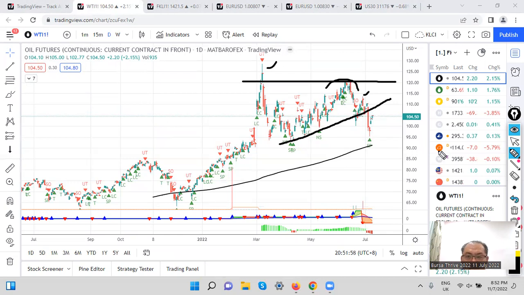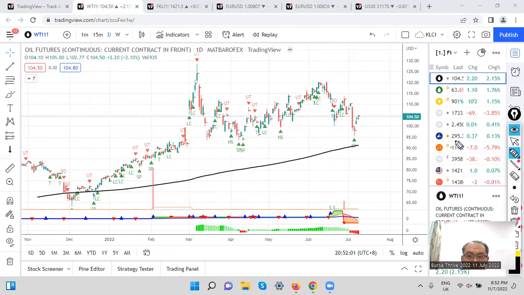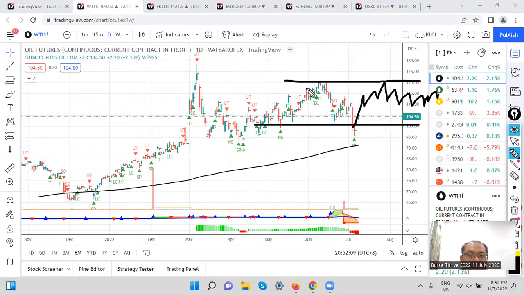So I think oil will be hovering in this area, because with recession coming, this will cool down the inflation. The demand has been removed, the supply will get higher, and the price will be unable to go up higher. They will be stagnant here.